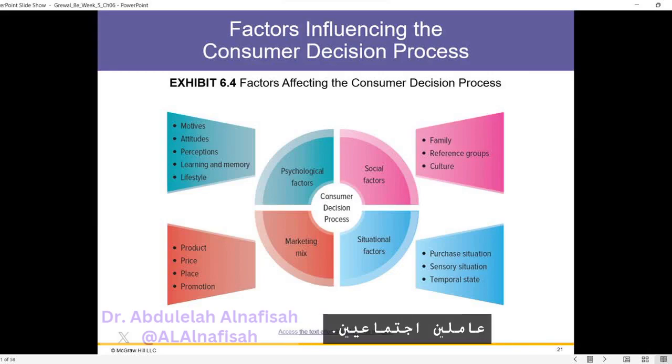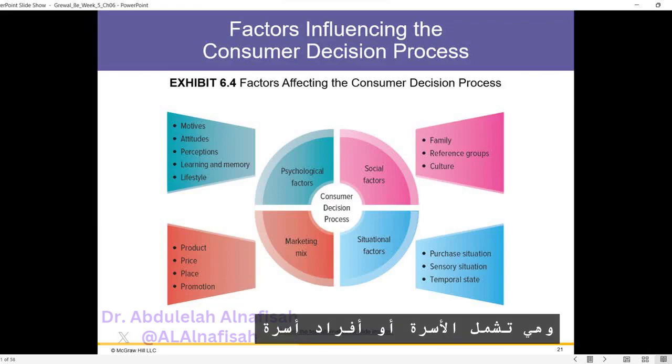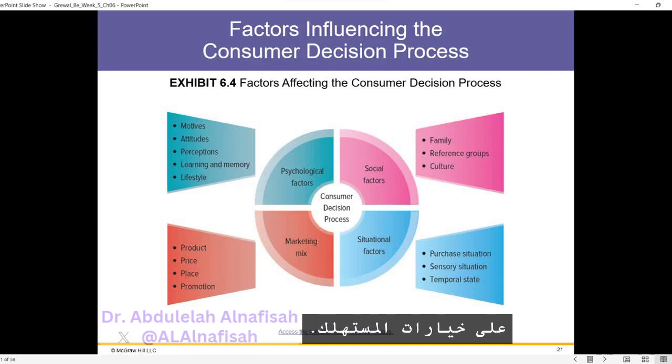2. Social factors. These are external factors that involve the influence of others on consumer behavior. They include family, the members of a consumer's household or relatives who have a direct or indirect impact on their purchase decisions. Family dynamics and values influence consumer choices.